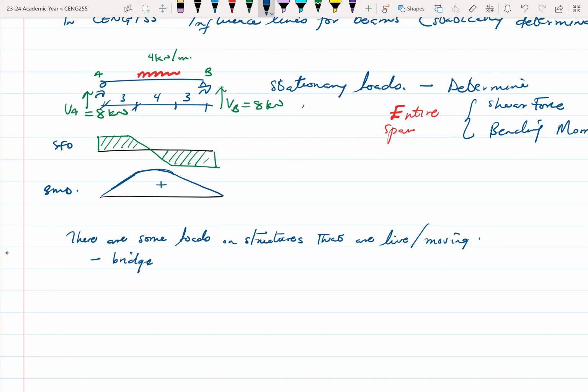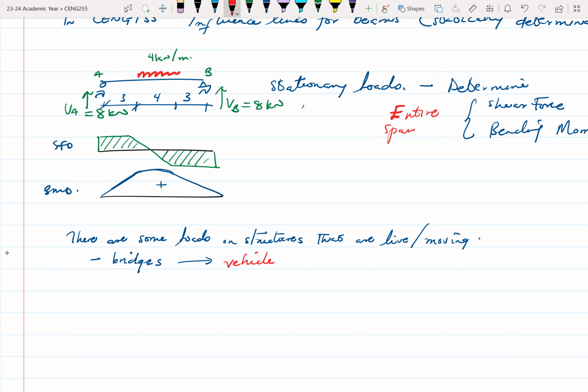These bridges have loads on them, but the loads are not chairs and tables. They are typically vehicles. So on bridges, you would realize that our loads are vehicles or vehicular traffic, and the loads tend to move.